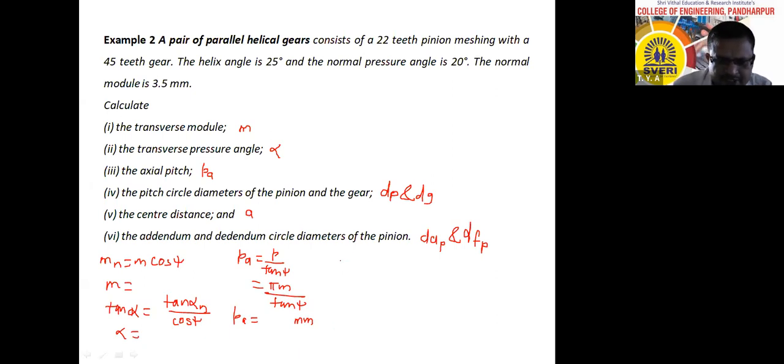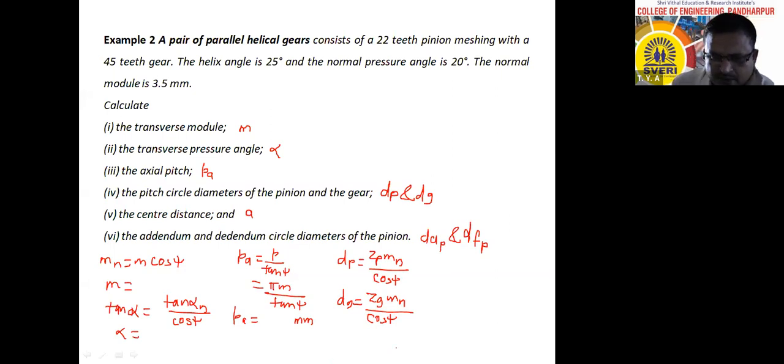Then calculate dP and dG. dP is equal to ZP into Mn divided by cos psi. dG is equal to Zg into Mn divided by cos psi.